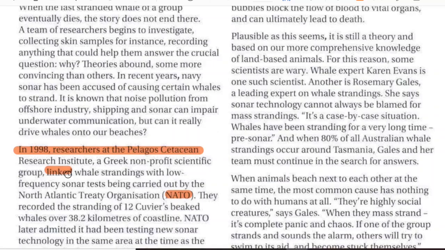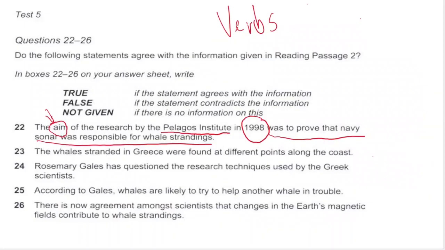We don't know what the aim for that study was, and that's why I always stress that these types of questions in the IELTS reading, the true, false, not given, are very precise, and you have to really understand everything in the statement 100%. If you misunderstand something or you don't understand it 100%, you are going to choose the wrong answer. So the vocabulary is very important. So the answer to this question number 22 is not given.